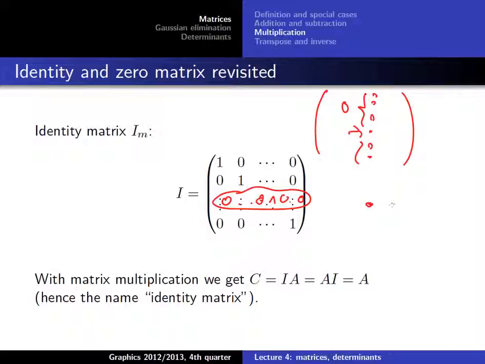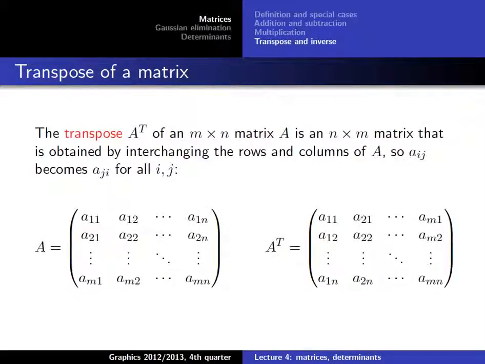So this is 1 times a_ij and 0 times all the other values. So it is obvious that this only results in the original matrix. Good, so you see the zero matrix and the identity matrix basically have the same characteristic as the 0 and the 1 in the scalar multiplication.